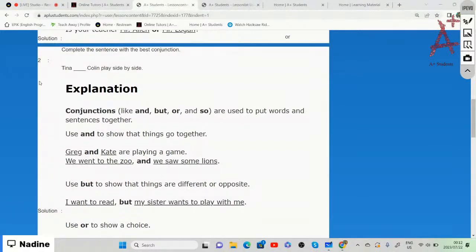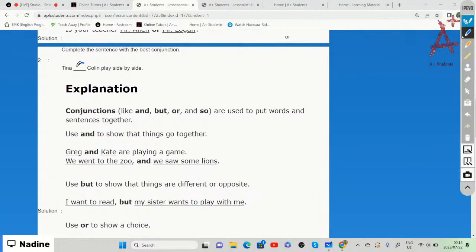So Tina, Colin play side by side. If they're playing side by side, then we are going to say Tina and Colin play side by side.